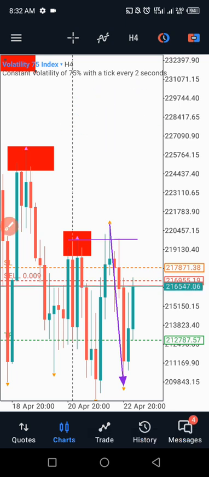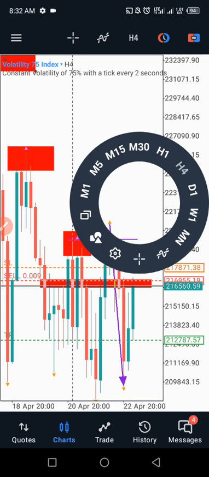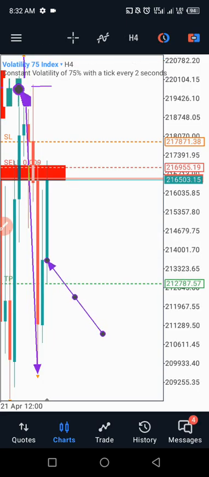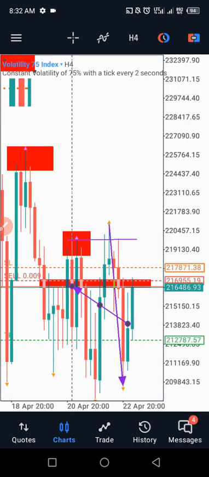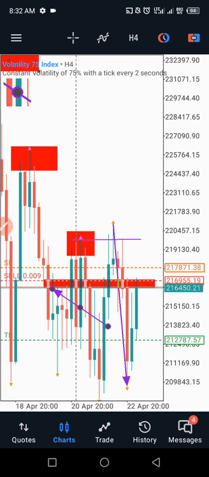When we do that, we'll notice that our key level was somewhere around here. Don't forget that our key level was somewhere around here, because we saw that price kept rejecting at this particular level.